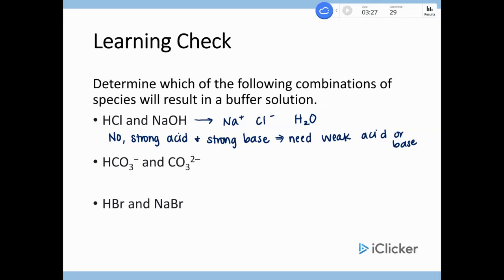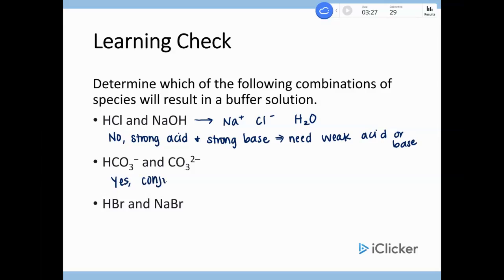We need a weak acid or base to have an equilibrium reaction. This would not be an equilibrium reaction. HCO3 and CO3 2 minus, these differ by one hydrogen, one H plus, and neither is a strong acid or a strong base, so this would work.